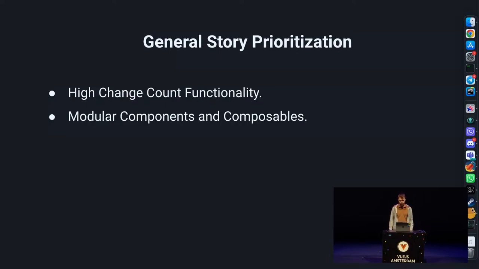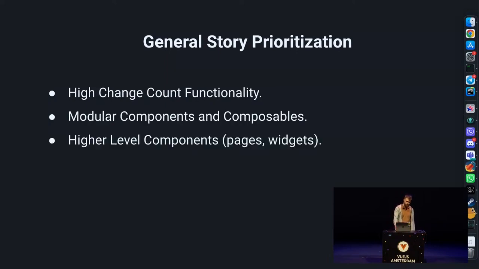Then in priority should go modular components and composables. And only then we should cover pages and widgets, I believe, because these are quite expensive to cover and sometimes even not needed. And E2E could do a better job with that.